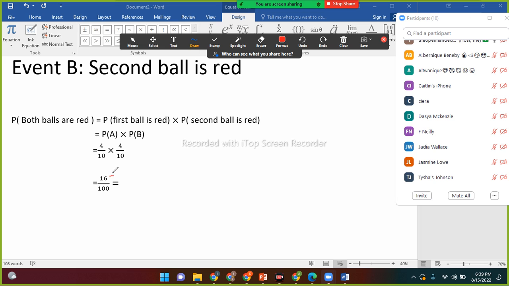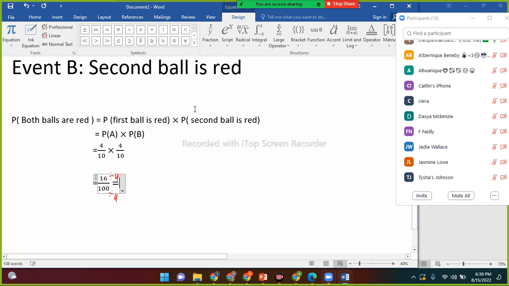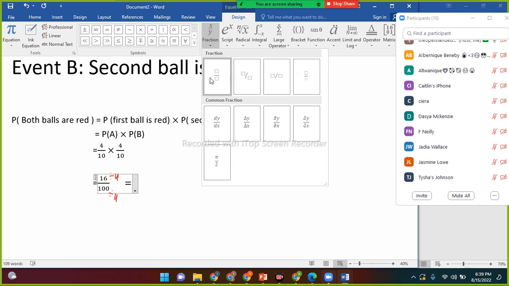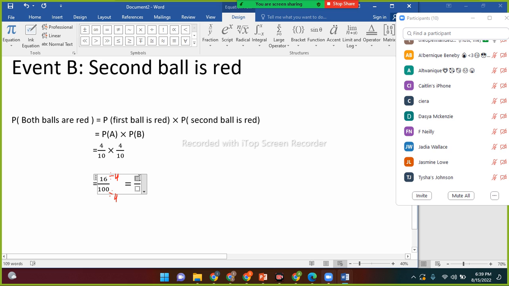If we divide this one by 4 and divide this one by 4, we get 4 over 25.